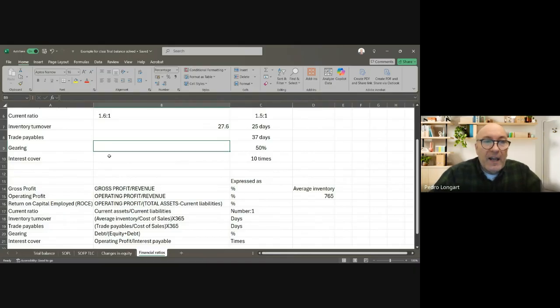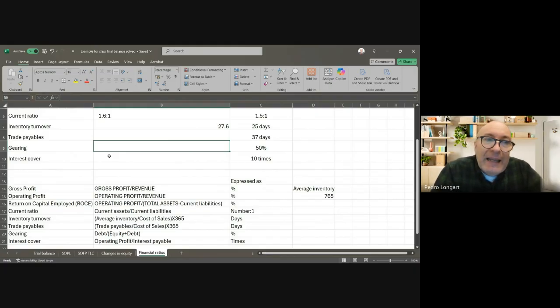Let's go for the next financial ratio, which is gearing. Gearing is more about financial management. Okay, it's not so much about performance. It's very much about the company. Sometimes it's a deliberate decision. Some companies in the past used to be highly geared.